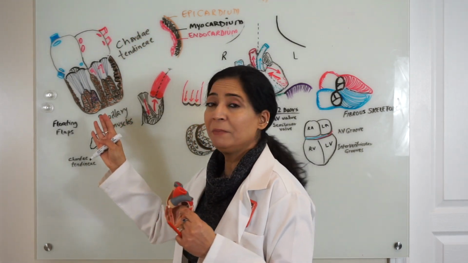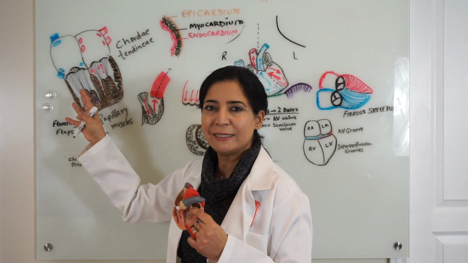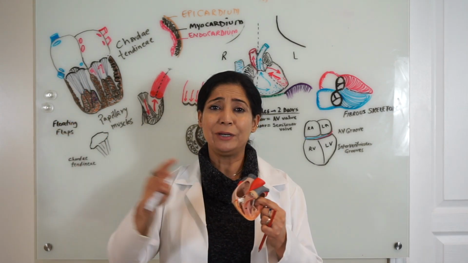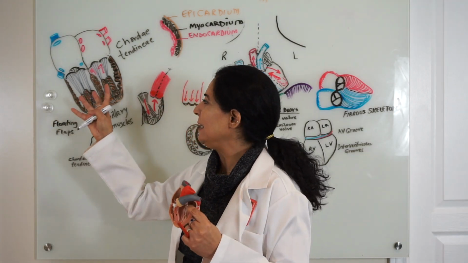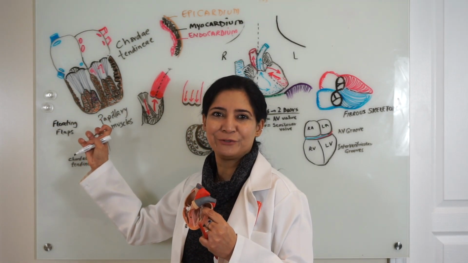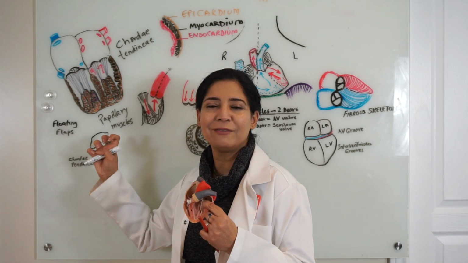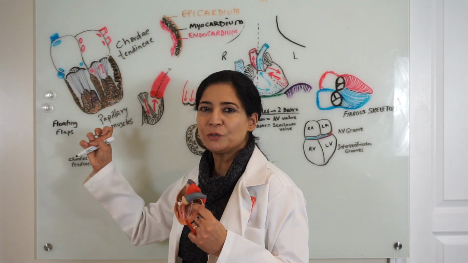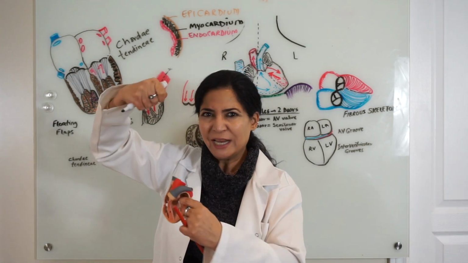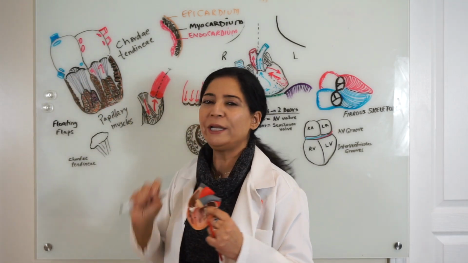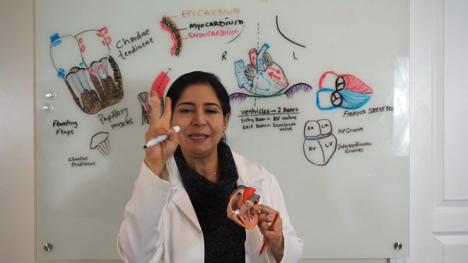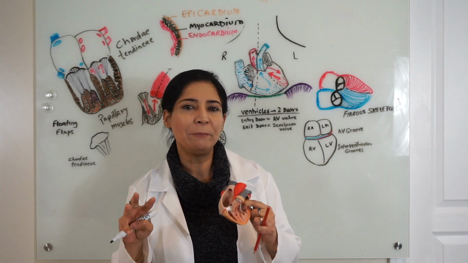So every time when the ventricle is ready to be contracted during the systole, these muscles will contract first along with the walls of the ventricles. They will contract and they are going to stretch these chordae tendineae. And these chordae tendineae are like, you know, strings of a puppet.